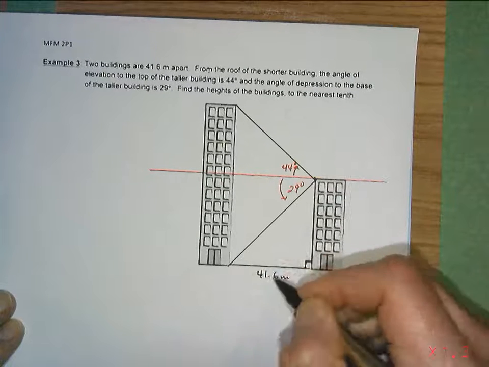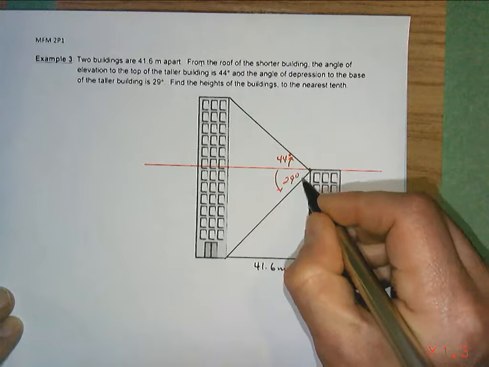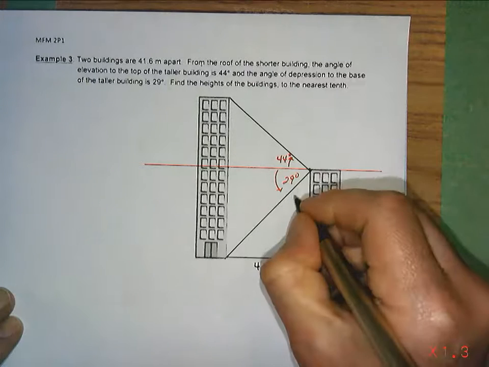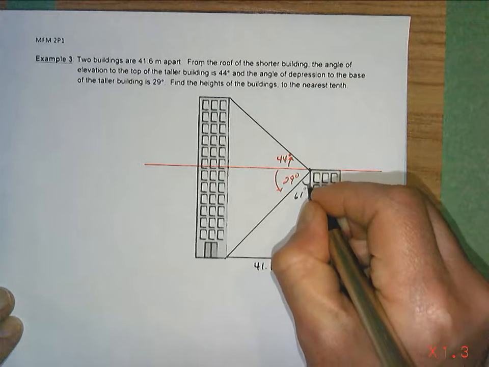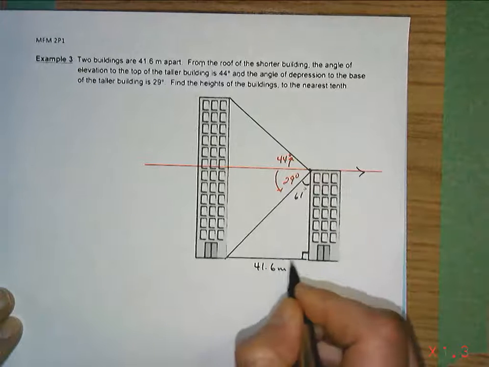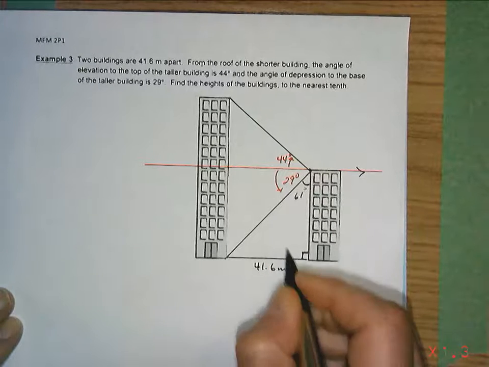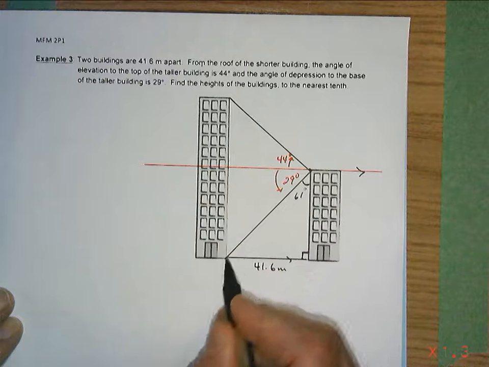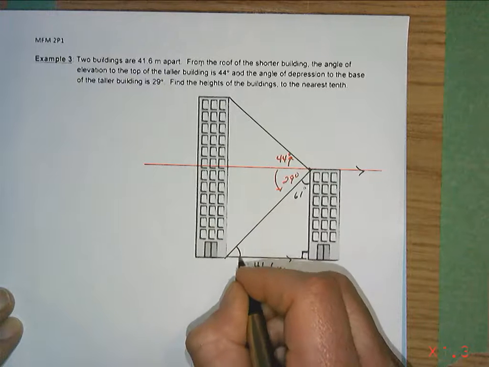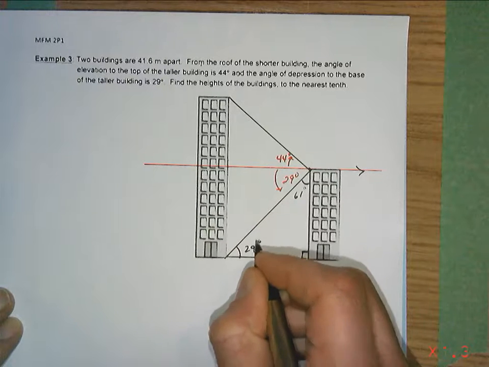I could say that this whole angle would be 90, so that'll be 90 minus 29, so this will be 61 degrees right here. The other choice is to notice that this line is parallel with this line down here, and we get that Z pattern we were talking about, which means that this angle here is 29 degrees.